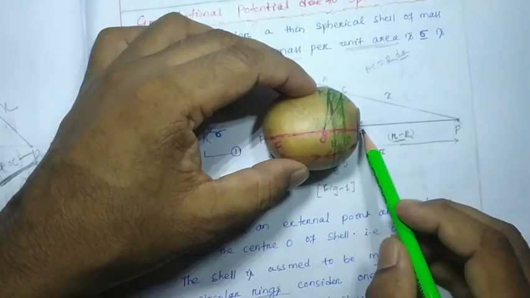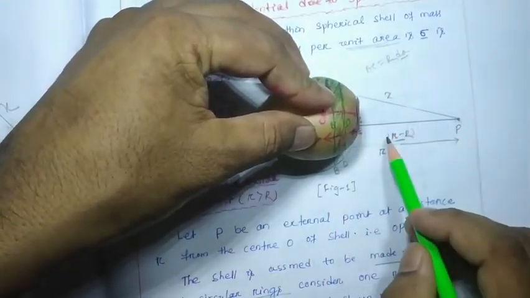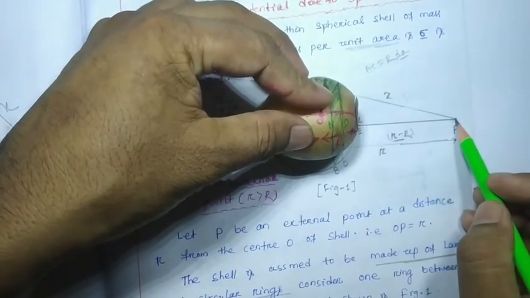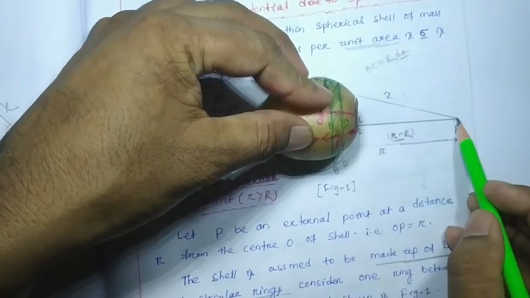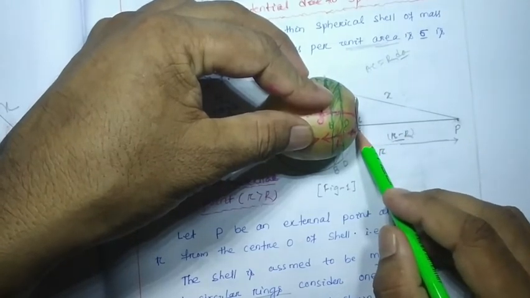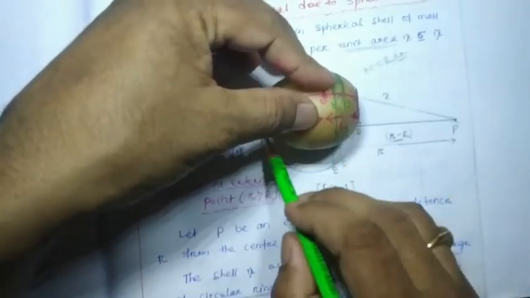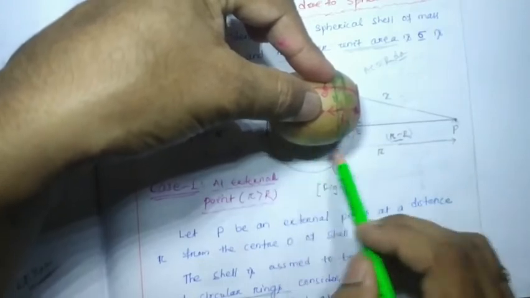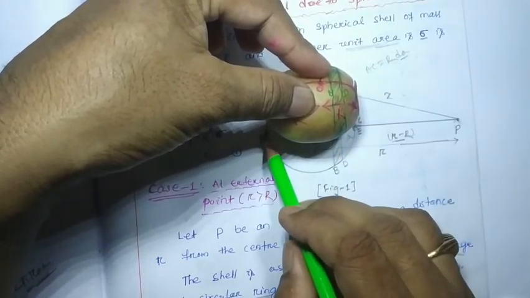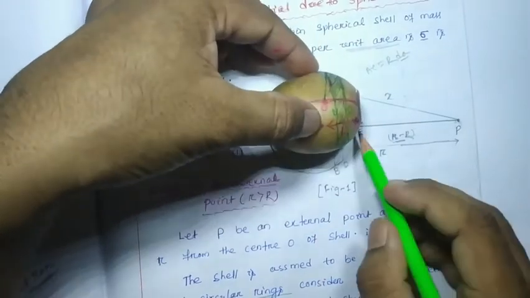So the limit is from this length to this length, R minus R to R plus R. Now when the point is taken at the surface, then this distance r minus R will be 0, so the limit starts from 0 to this point, F. What is the distance? The diameter, 2R. So the limit starts from 0 to 2R.